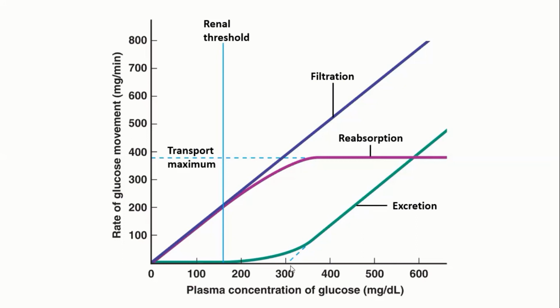It's not how we monitor glucose in the blood nowadays, but it's one of the reasons that the concentration of glucose in the urine can be an important indicator of things like diabetes, right? Because if we start to see glucose in the urine, we shouldn't normally.